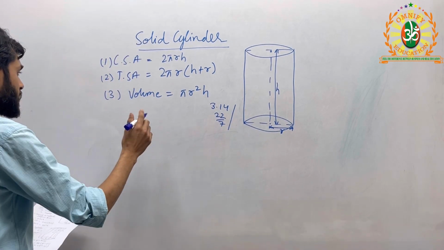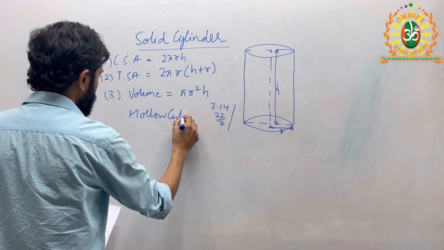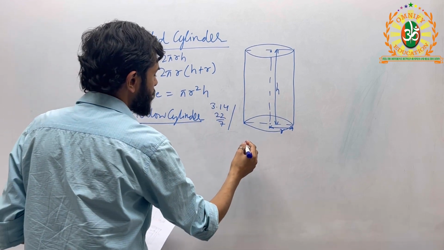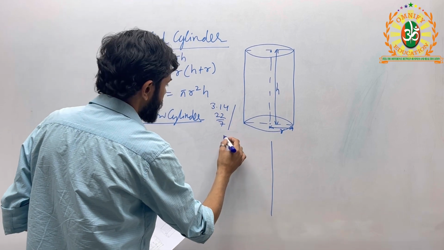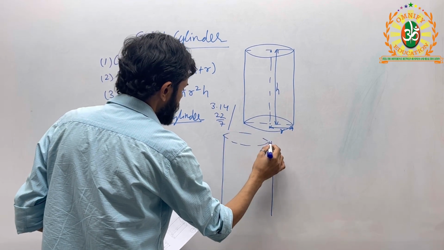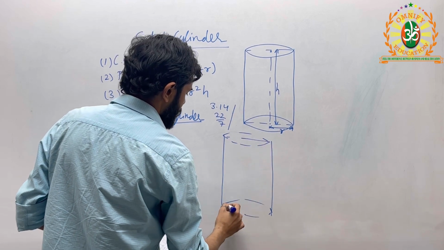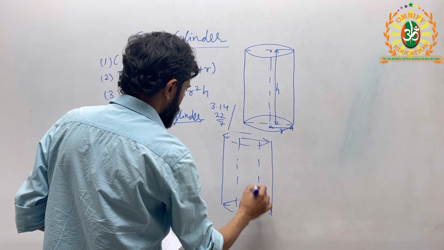Now the second part of this is the hollow cylinder. In a hollow cylinder, what happens? Like in a solid cylinder, this portion is hollow.